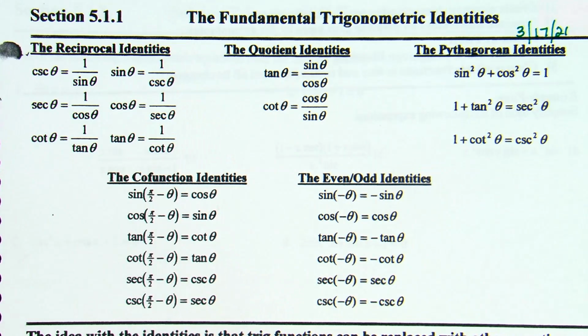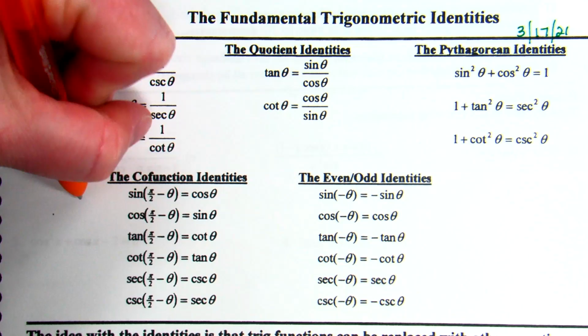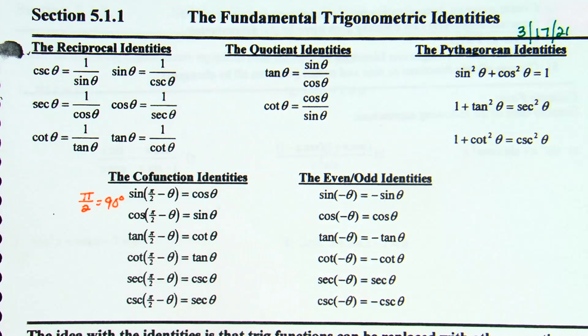Okay? Usually it's radians, pi over 2, but for the record, what is pi over 2 in degrees? 90? Pi over 2 is 90 degrees. So just for the record, traditionally you'll see it as sine of pi over 2 minus theta.